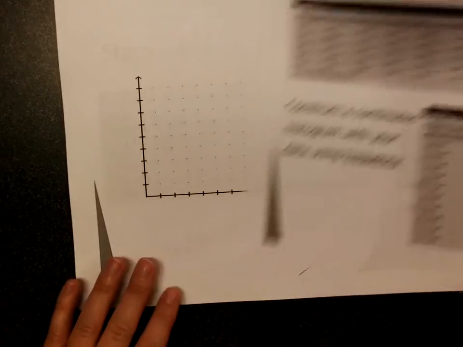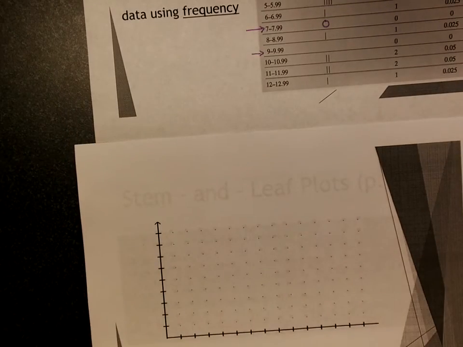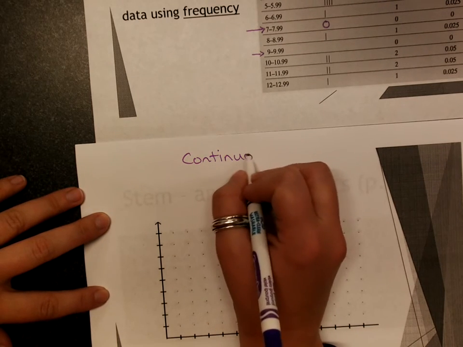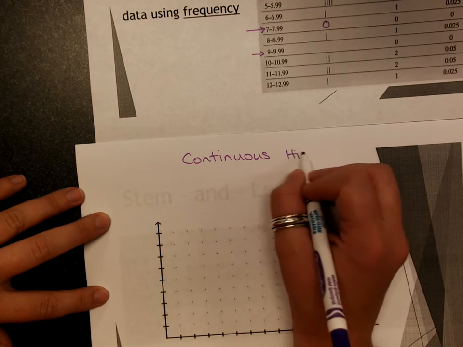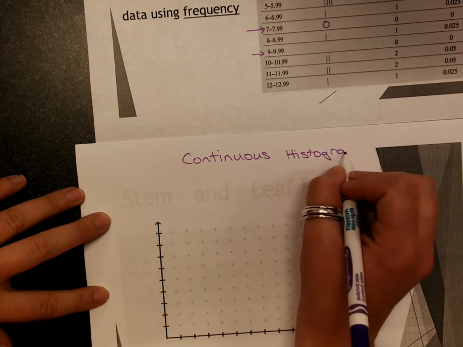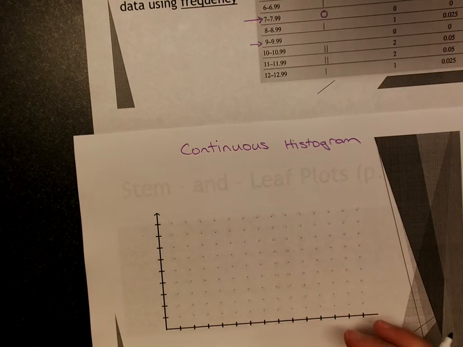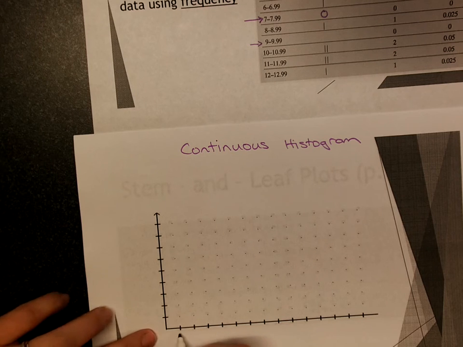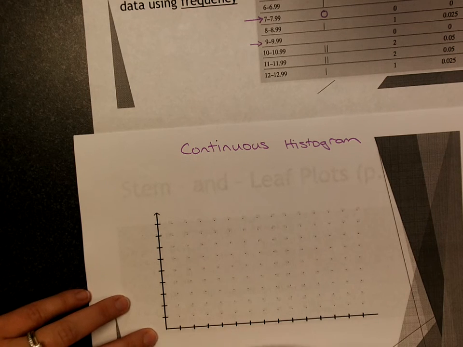Alright, so now we're going to make a continuous histogram using these values. This time, we're going to put our numbers on the tally marks. You can either start at 0 or start at 3. I like to start at 0, 1, 2, 3, 4.